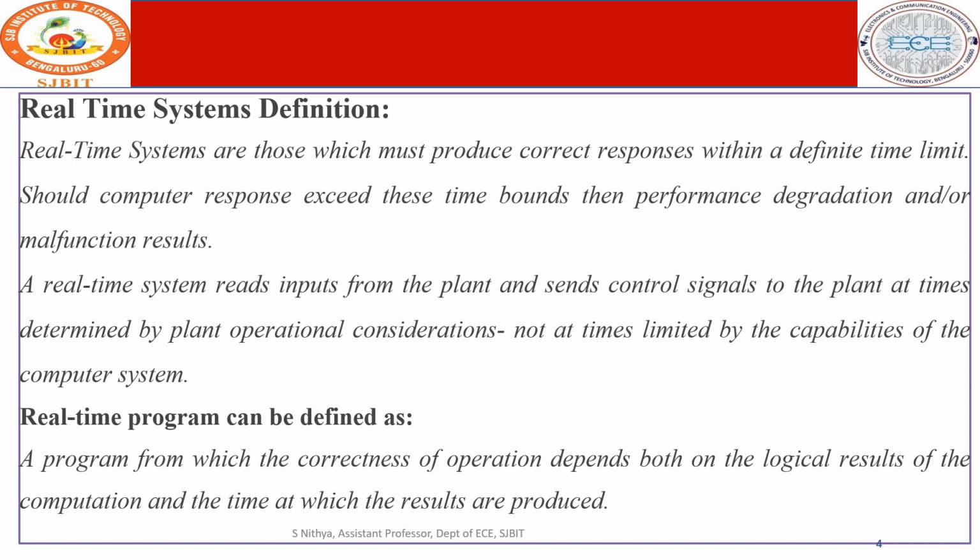Apart from that, for real-time systems, the performance is based on the program, so that can be defined. The program is one in which the correctness of the operation depends on both the logical results of the computation and the time at which the results are produced.